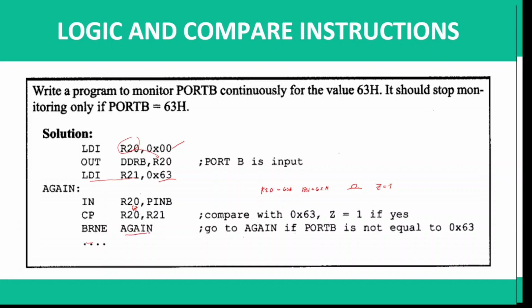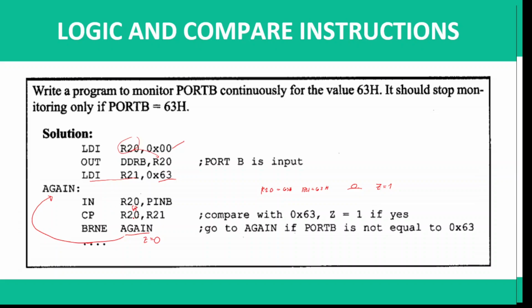Dili na siya mo balik again. BRNE again. If ever our value is not equal, meaning our output is not equal to 0, our Z here is equal to 0, then we'll branch out, then monitor again.